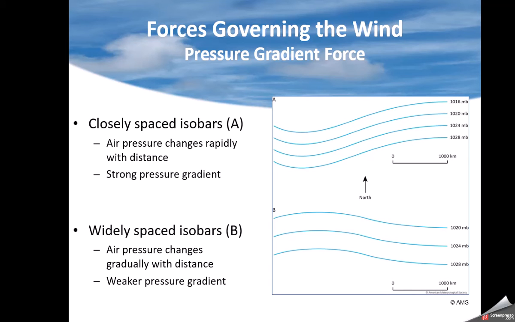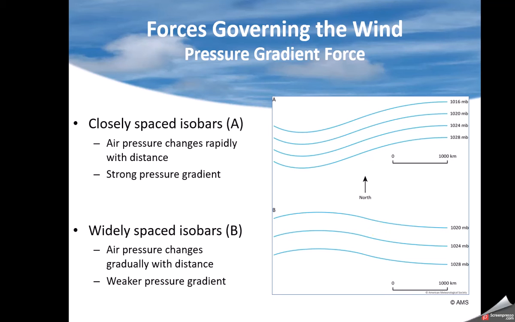Here's just a real simple example of pressure gradient. Air always flows from high pressure to low pressure. If I have a pressure gradient that's very tight, think about walking down a hill: you'd be almost running down the slope. If you were trying to go up that slope, you'd be having a much harder time. If the pressure gradient is less, then it's easier for the air to flow.